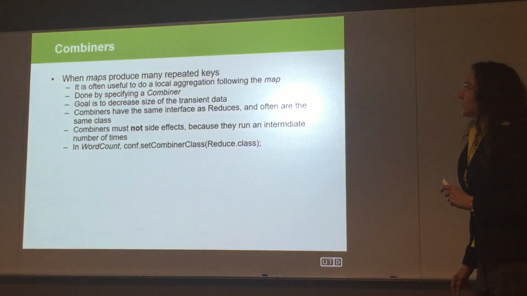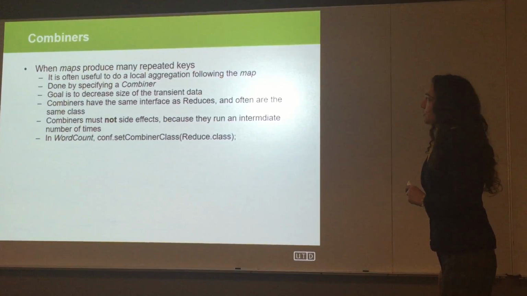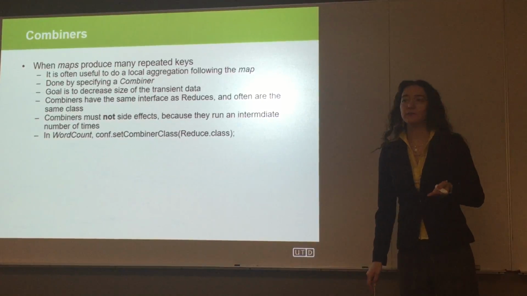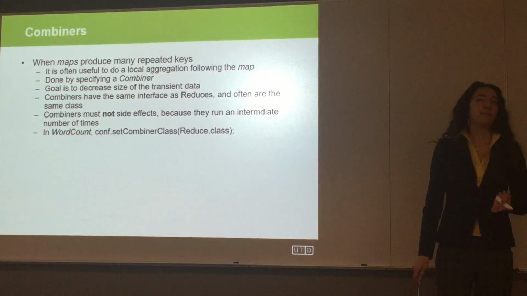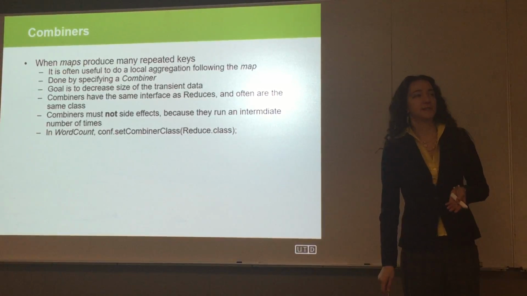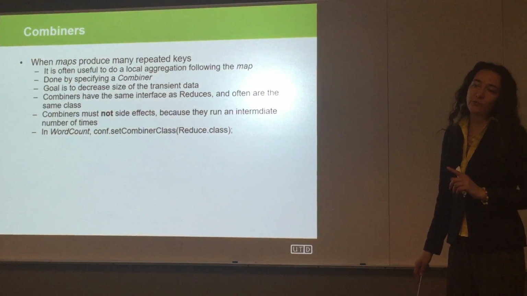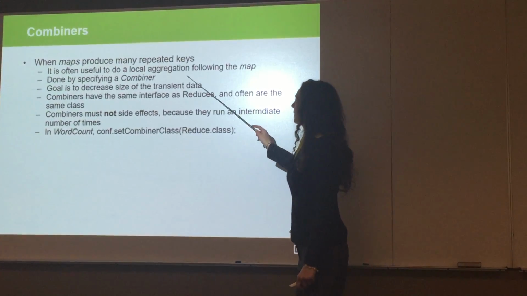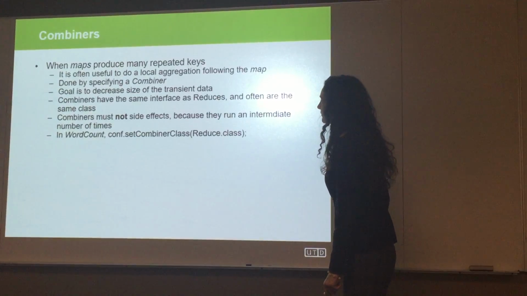The combiner, as I mentioned, is useful when the MapReduce has many repeated keys, just like those words that we have seen. We sorted them and we have seen the same word several times, and it just had a count of 1. So this combiner can combine or aggregate them together.